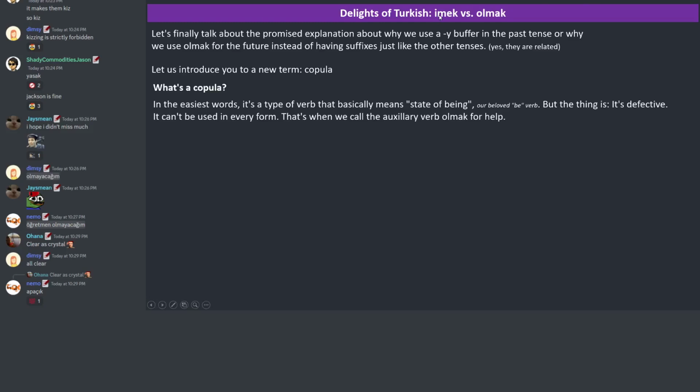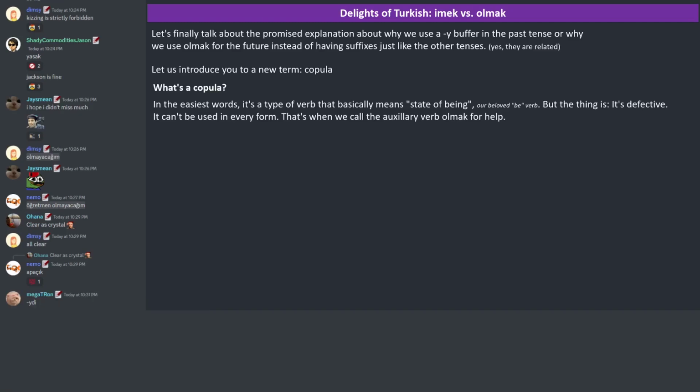It was actually ed, not just d. But the thing is, it is defective, as in we can't always use it. It doesn't work in all tenses or in all forms. When we can't use it, we call the auxiliary verb olmak for help.